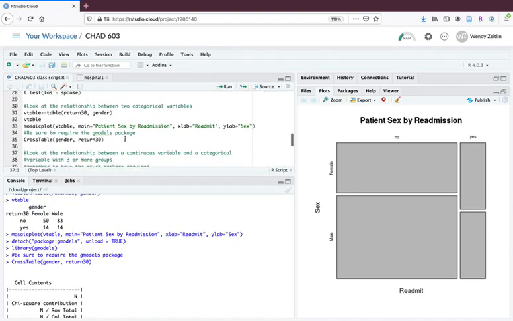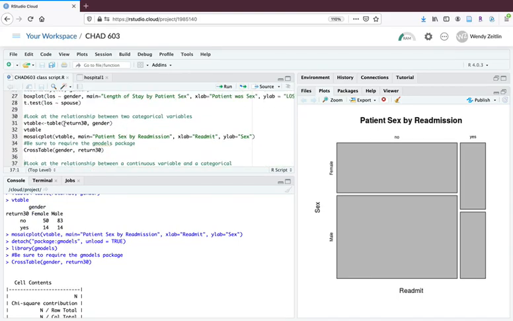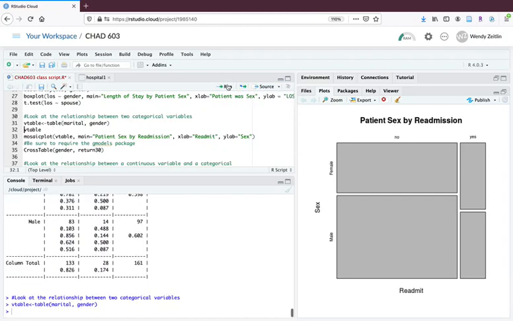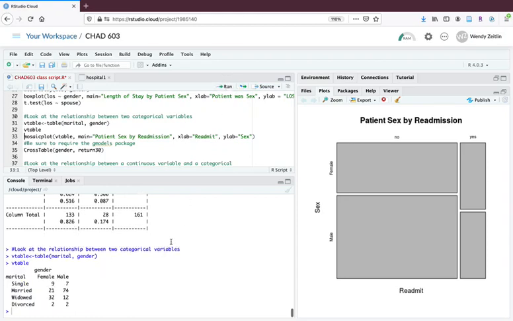And let's first start by creating our table, because we need to create the mosaic plot. And we will have marital. I think it'll be good to do it this way because we can stretch it this way. And I'm going to run this. We'll overwrite our V table. Now we have these categories: single, married, widowed, and divorced.